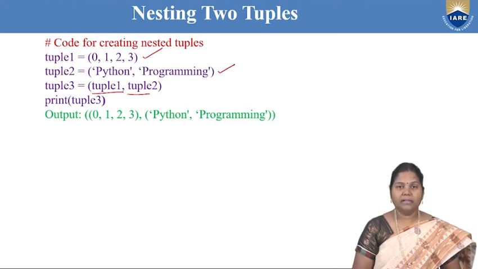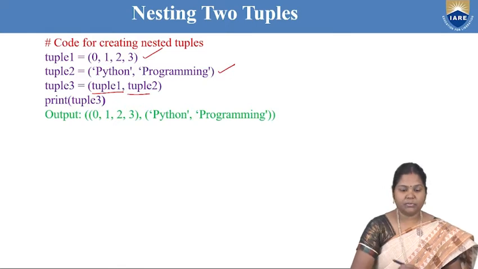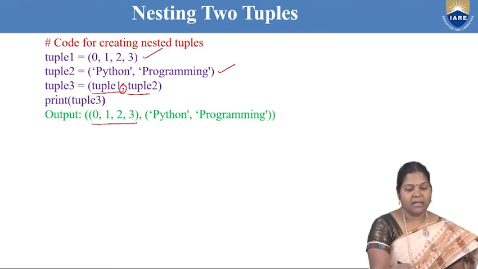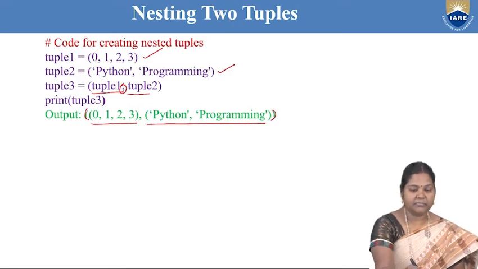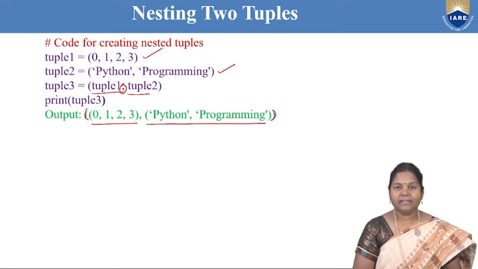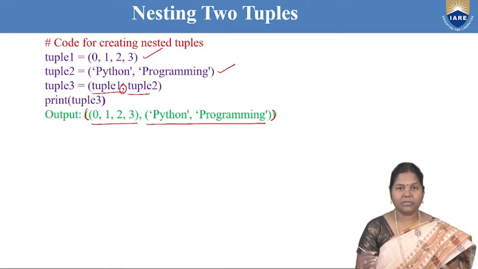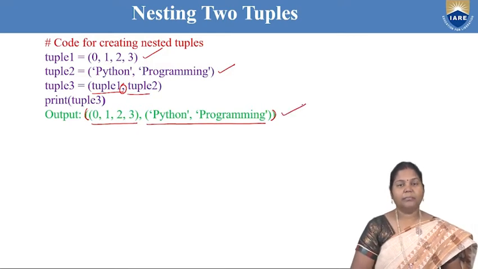By putting the tuple 1 elements and the tuple 2 elements into the parentheses, separated simply by a comma, it takes the first one as the first tuple, comma, the second one, and this whole thing itself is a tuple. This is called nesting of two tuples together. You can simply write first tuple, comma, second tuple, comma, third tuple, and so on, and put it inside the tuple parentheses. Then it is called nesting of multiple tuples.